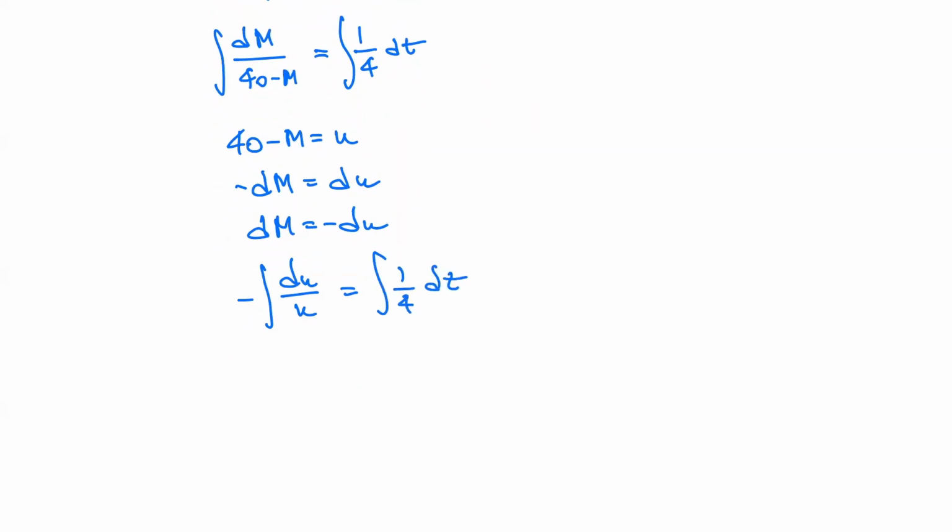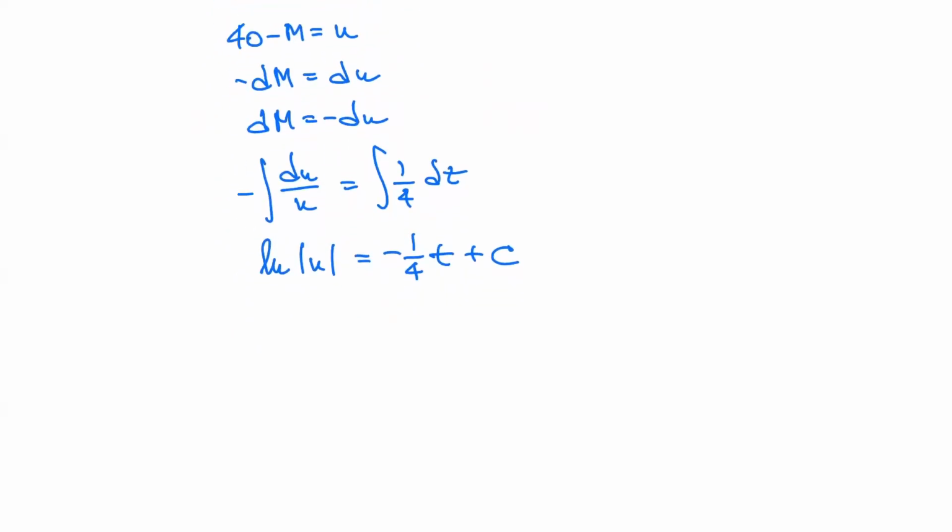Multiplying by negative and taking the integrals of both sides gives us ln of the absolute value of u equals negative 1/4 t plus a constant. And so instead of u, let's plug back in 40 minus m. We get ln of the absolute value of 40 minus m equals negative 1/4 t plus c. Let's use the initial condition, which is m of 0 equals 5.